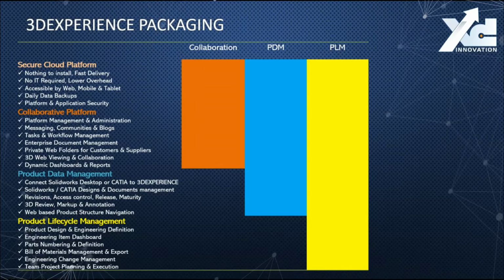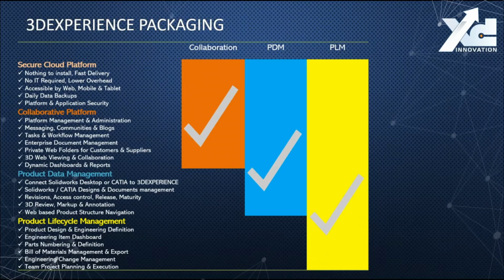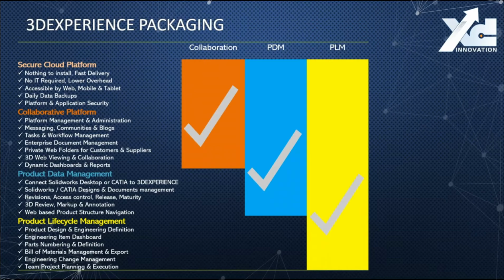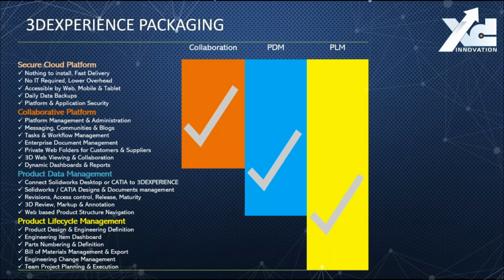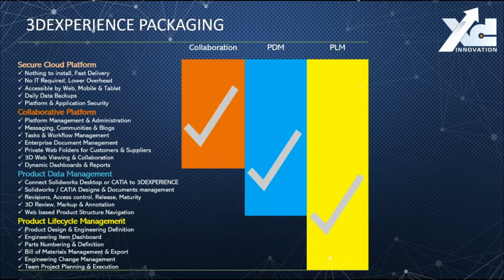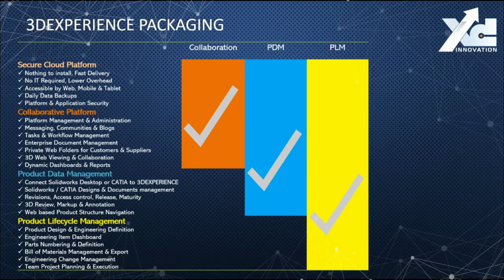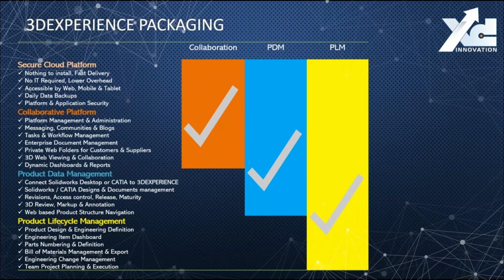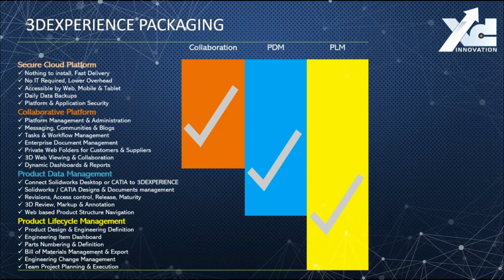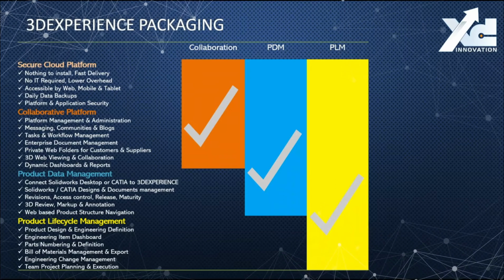The second packaging that you would think about in terms of a 3D experience platform, think about this as your PDM functionality. So managing either SOLIDWORKS or CATIA data, revision control, access control, release, maturity, workflows, and again, 3D reviews, markup, annotations, all done in a web browser on the cloud. And then the third piece of this is the product lifecycle management.